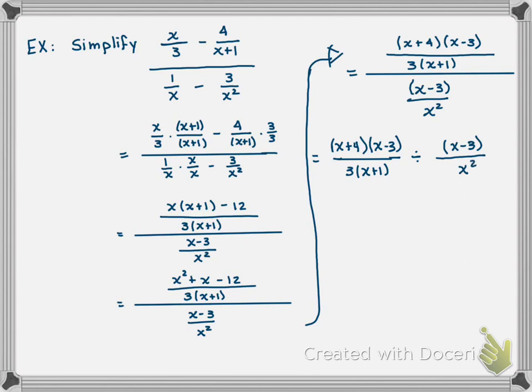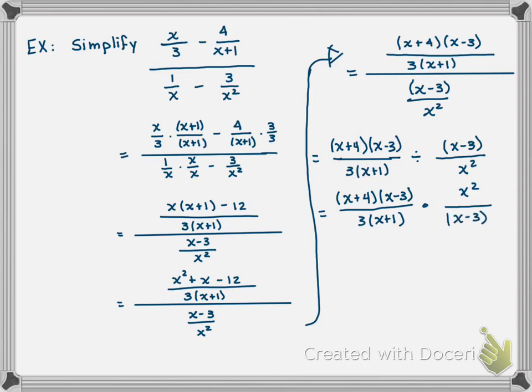And then, like Nick said, we're going to take the reciprocal of the divisor to write that as multiplication. So x plus 4 times x minus 3 over 3 times x plus 1 times x squared over x minus 3.